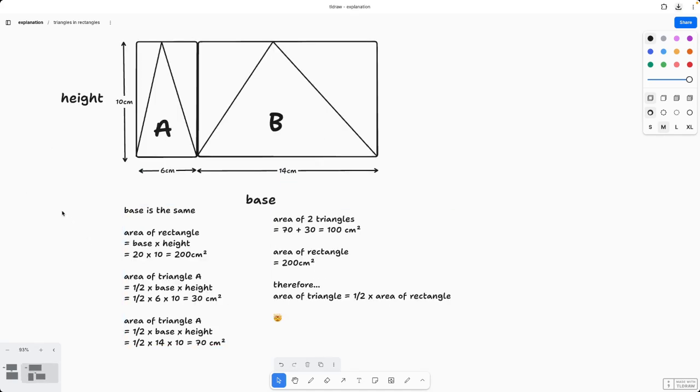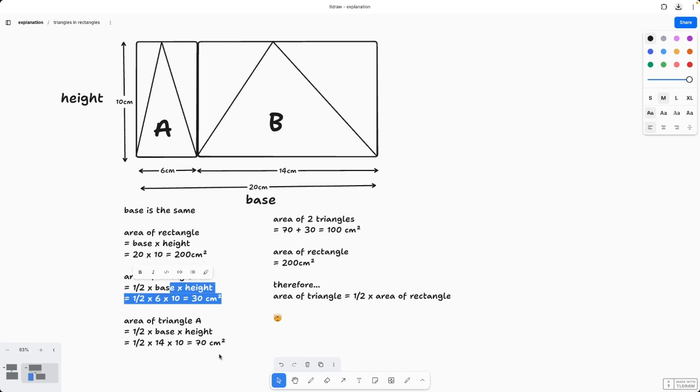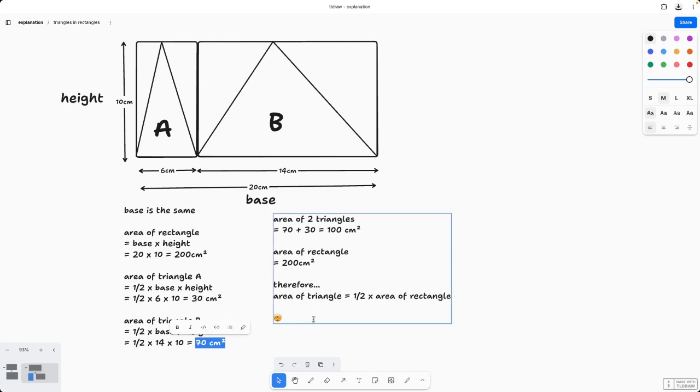I have another example where I have triangle A and triangle B in this same rectangle. The whole base over here is 20 centimeter. Since the bases are different, triangle A is 30 centimeter square and triangle B is 70 centimeter square.